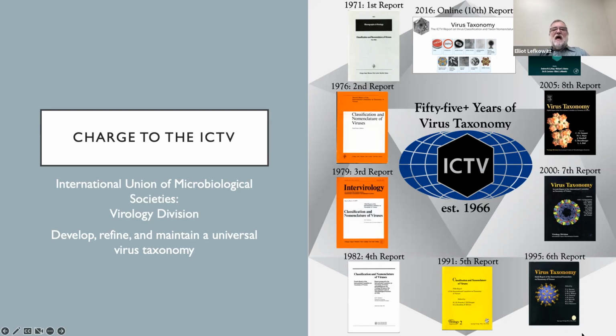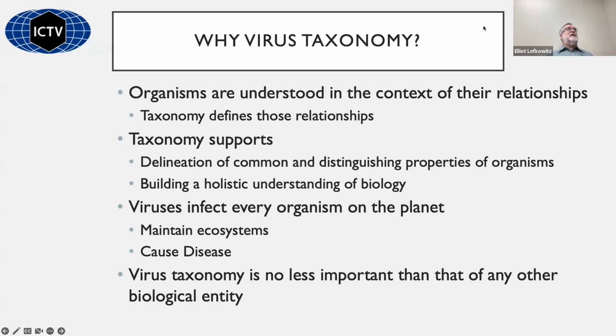And since then, 9 hard copy volumes have been published, the last in 2011. In 2016, we went online. And so now the ICTV reports that provide all of the information on the current viral taxonomy are online at that ictv.global site.